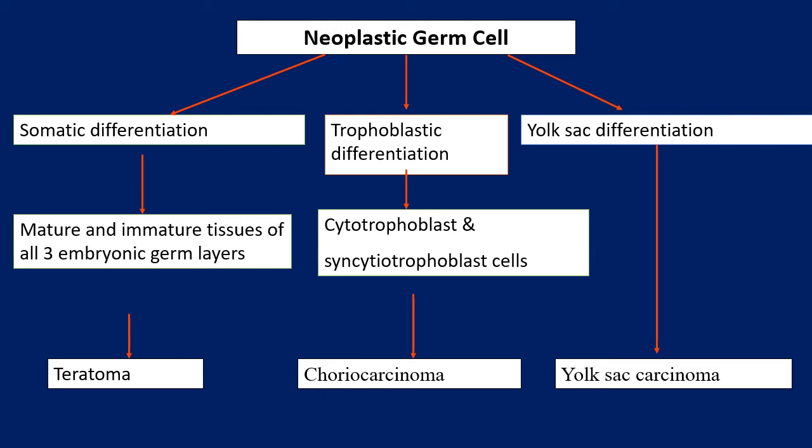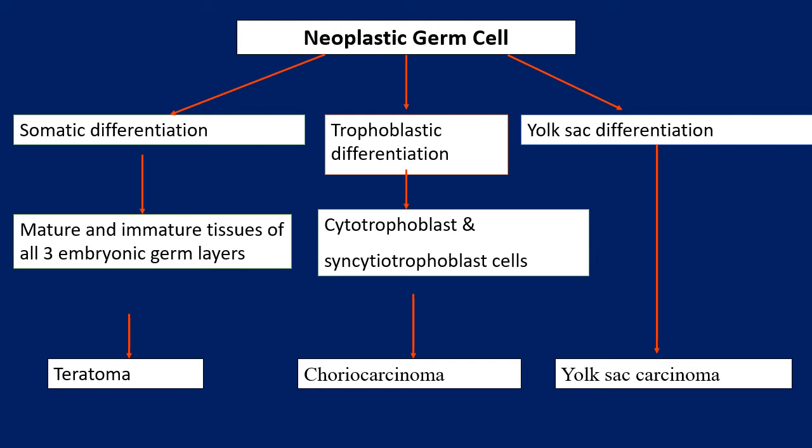There is differentiation along all the tissues arising through all three embryonic germ layers. It may be mature tissue or immature tissue. We call it teratoma. So teratoma is a tumor arising from neoplastic germ cell with somatic differentiation.